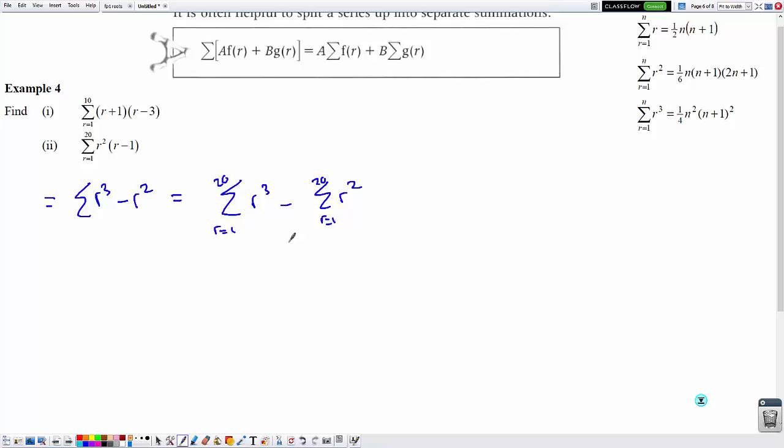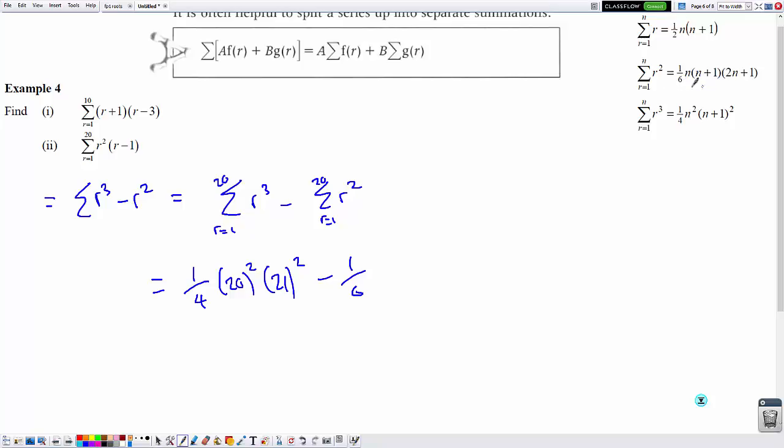And now we just use our formulas. That's it. So this is a quarter n squared, here n is 20, a quarter lots of 20 squared. And if you look at the formula, n plus 1 squared, so 20 plus 1, so it's 21 squared, minus a 6.